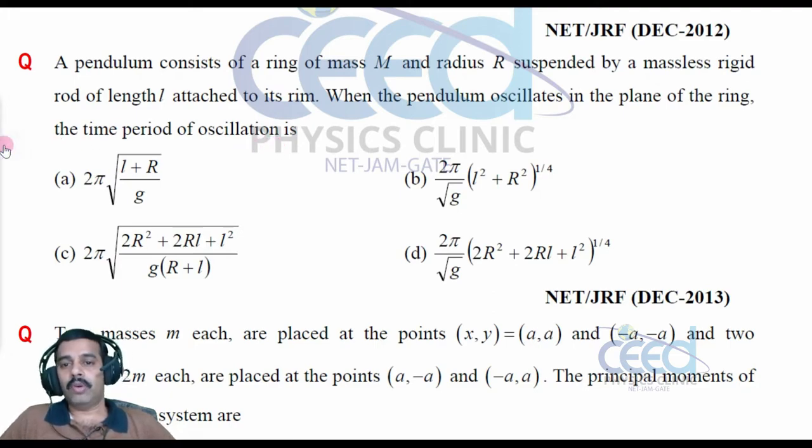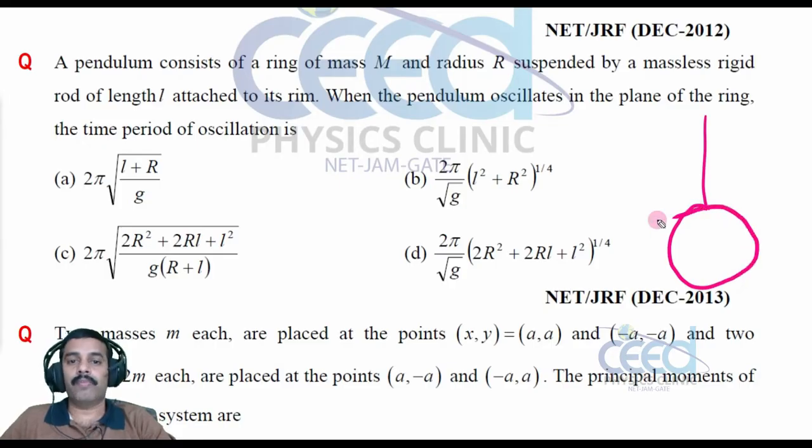So we have a pendulum consisting of a ring of mass m and radius capital R, suspended by a massless rigid rod of length L. So this part is length L and this ring radius is capital R, right? This ring has mass M and this L is massless, okay, this rod is massless.